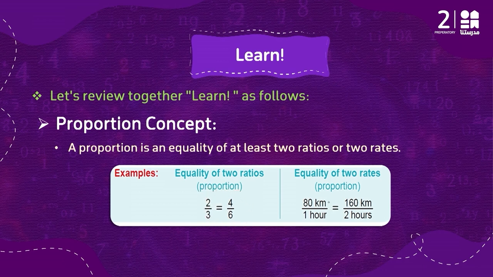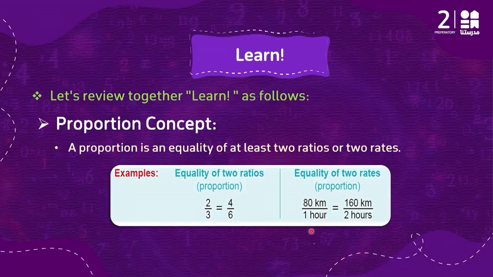And there is another thing we call rates, which is different from ratios. Why? A ratio is when we have 2 numbers related to the same thing, like parts of the rectangle, as we said before. But here we have this fraction, and these 2 amounts are different things. 80 kilometers is for distance, and 1 hour is for time.